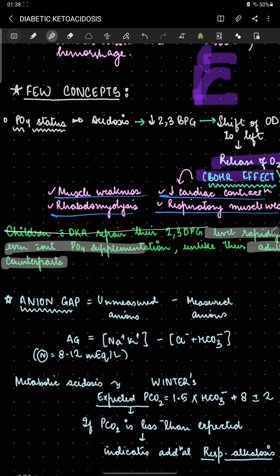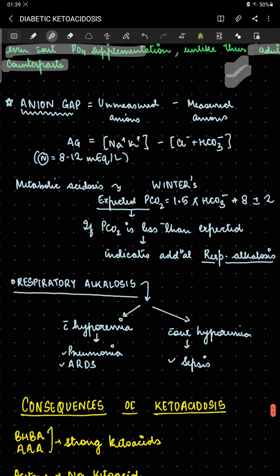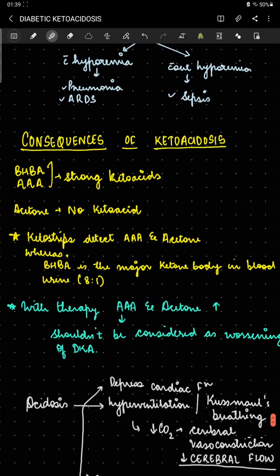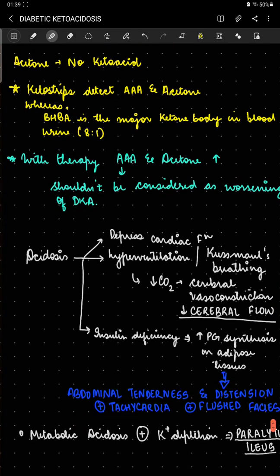Adults might have no such effort or energy to replenish this phosphate. This is the anion gap, we have already discussed it, right? Now these are the consequences of ketoacidosis.